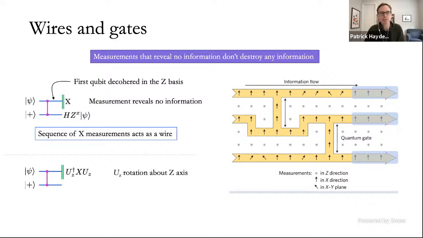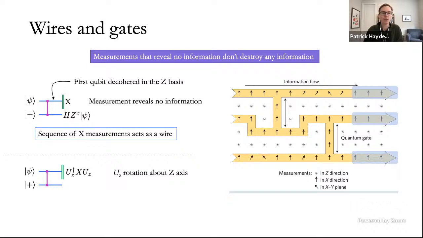Now, if we instead chose a different basis to measure that was still conjugate to Z, but was rotated in the XY plane, so we conjugate this X operator by some rotation about the Z axis, what is the effect of that?